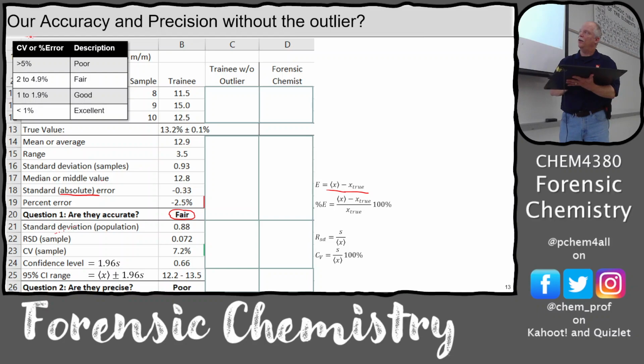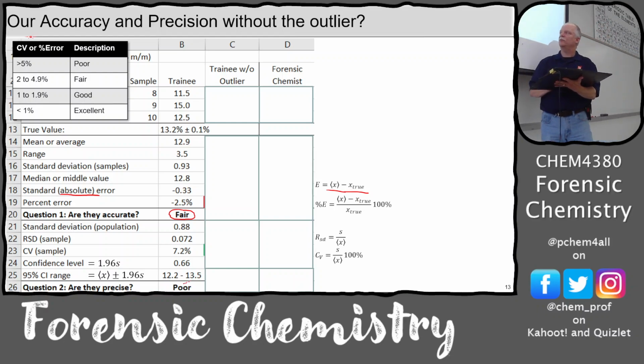Okay, our confidence intervals. So here's my standard deviation. If I take that and multiply that by 1.96, then here's my confidence interval. It goes down to 12.2 and up to 13.5. And so is this person precise?